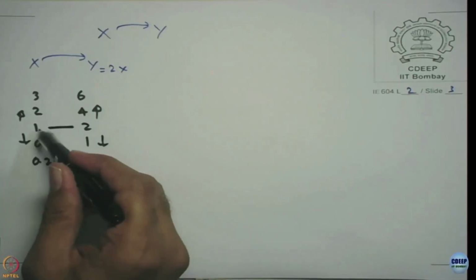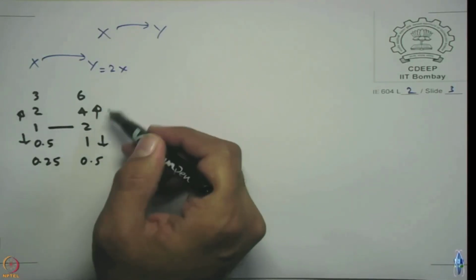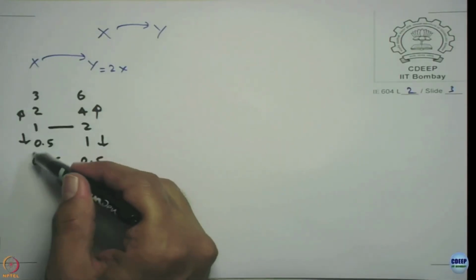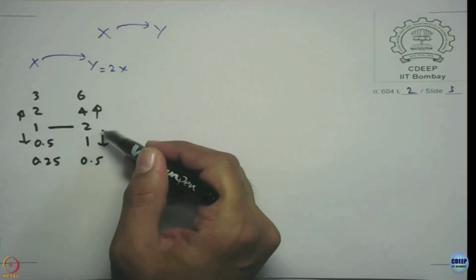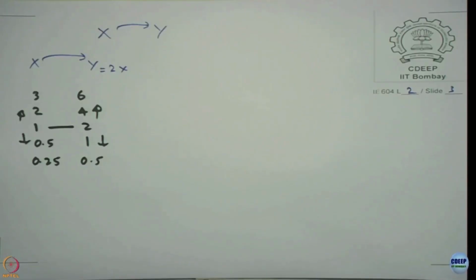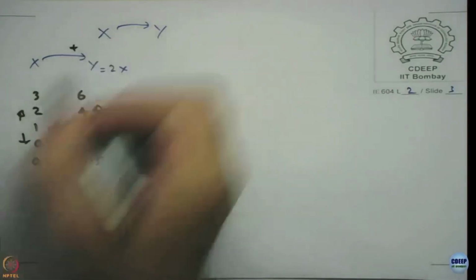As x increased from 1 to 2 and beyond, y also continues to increase from its reference point of 2. If x falls below 1, y also falls below 2. So, the direction of movement is the same. If the direction of movement is the same, in that case we indicate this link with a plus sign.